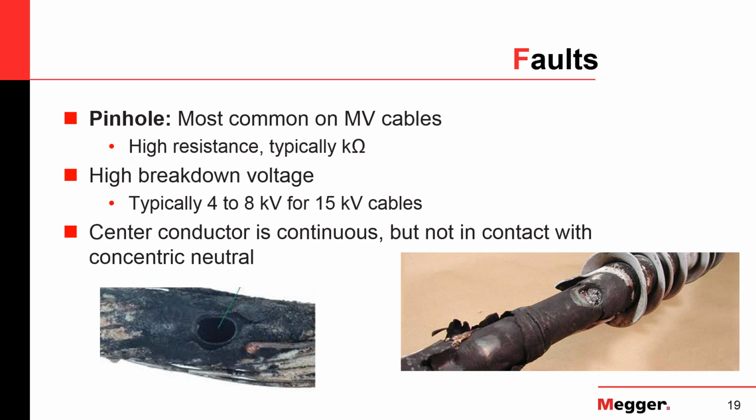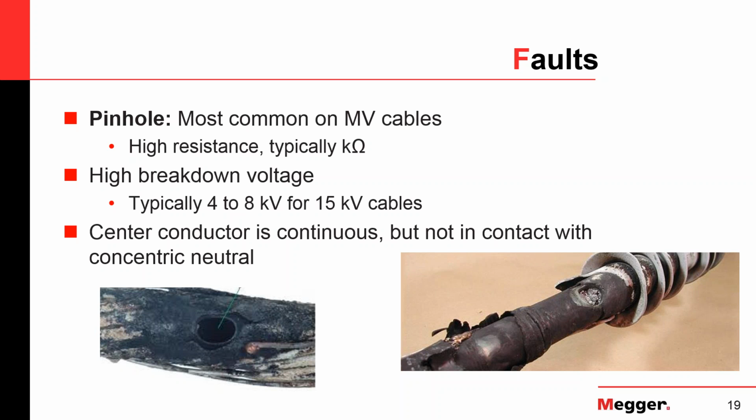What you would expect on the breakdown voltage, remember, I was talking about this a few slides ago. Let's say on the 15 kV cable with this 8.6 max, you would expect this to be lower, and typical values that we see in the field are 4 to 8 kV. From a physical view, this means the center conductor is still continuous, so it's not severed or anything.